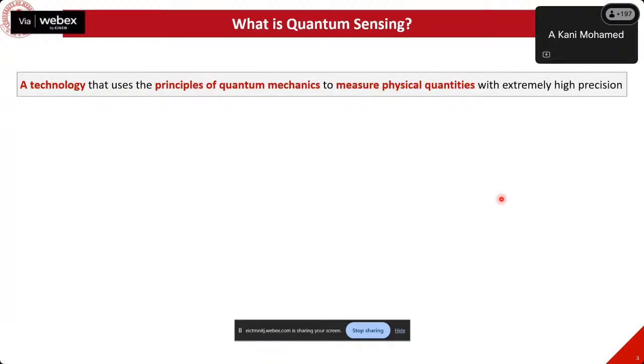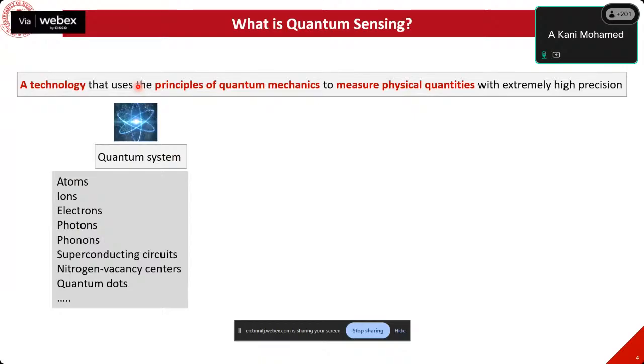So I will briefly discuss what quantum sensing is. It is a technology that uses the principles of quantum mechanics to measure physical quantities with extremely high precision. This involves a quantum system that follows quantum principles.